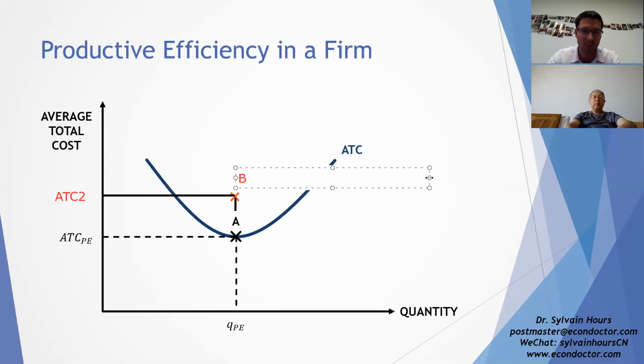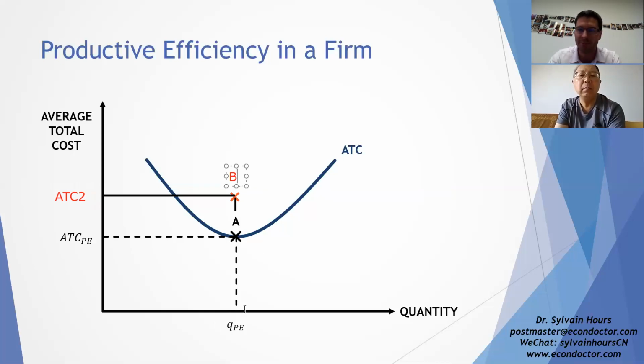So when producing the productively efficient level of output QPE, it will not produce it at the average cost ATC PE, which is the productively efficient average total cost, but at an average total cost that is going to be higher than that.